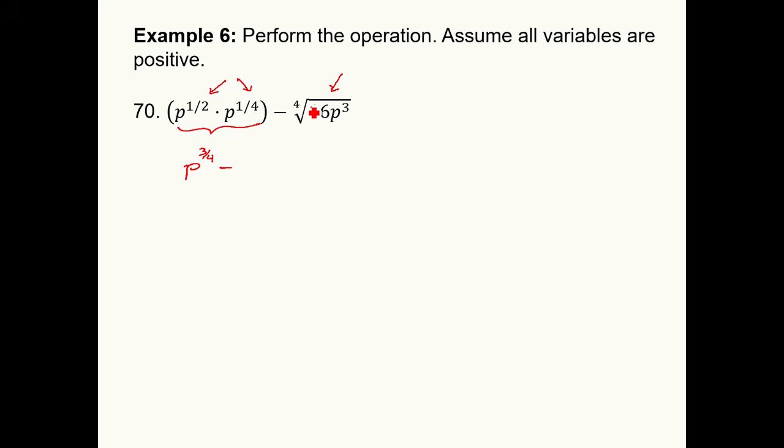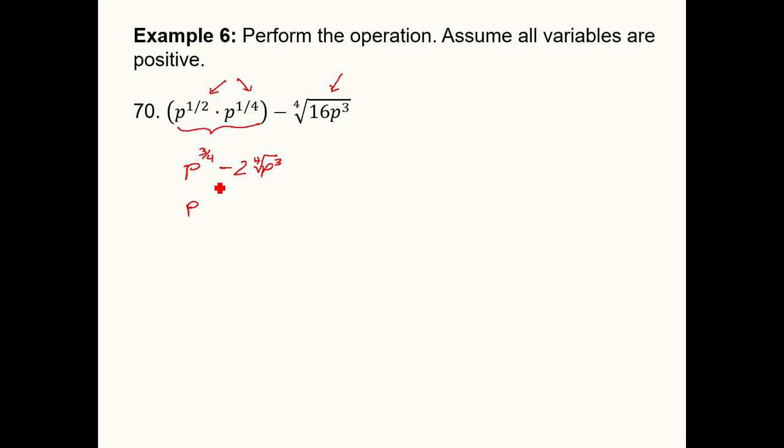minus, then this term, I've got the fourth root of 16, and the fourth root of 16 comes out clean. It's a 2. But then I've also got the fourth root of p to the 3rd. And you'll notice that I left that as a radical. I should probably see, well, this first term, if I have like radicals, I can add or subtract those.